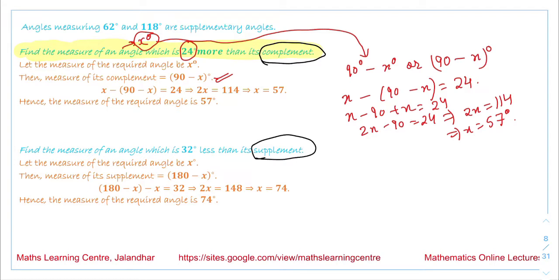Suppose the angle we are measuring is of measure x degrees, then the second angle will be 180 minus x degrees, because we are talking about its supplementary angle. Suppose this is a straight line, and this angle is x degrees; we want to find its supplementary angle.